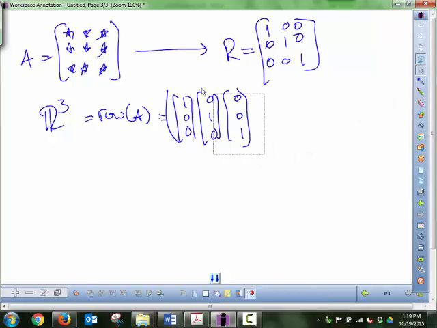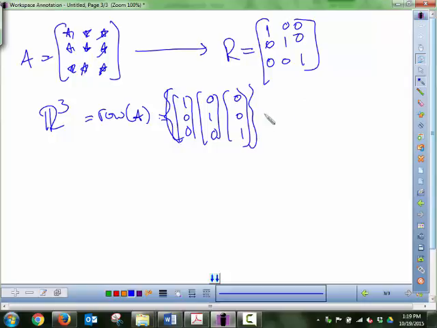So the row space can have this for your basis. Which means, how many dimensions is this? It's a 3-dimensional subspace in R3, which means it must be all of R3. Okay?